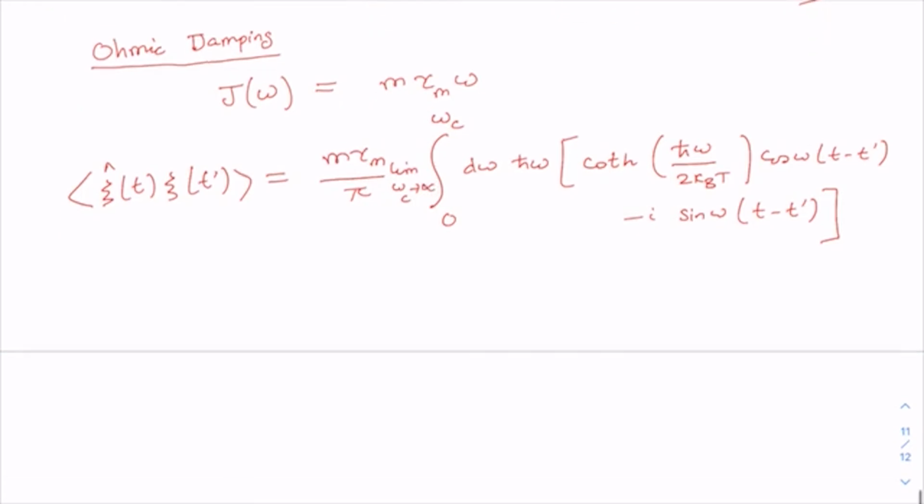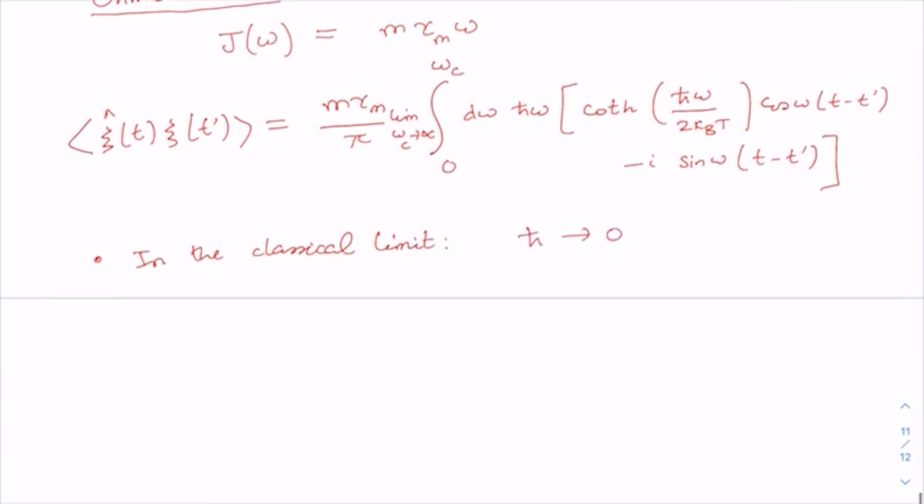Now in the first approximation, in the classical limit, you know that h cross tends to 0 and the temperature T is non-zero, and coth(h cross omega by twice kBT) can be approximated, as you can actually show, to be 2 kBT divided by h cross omega.